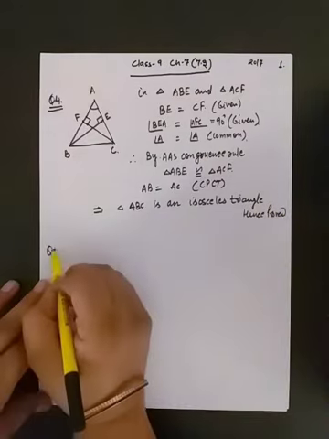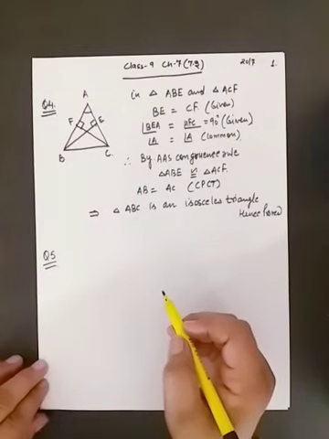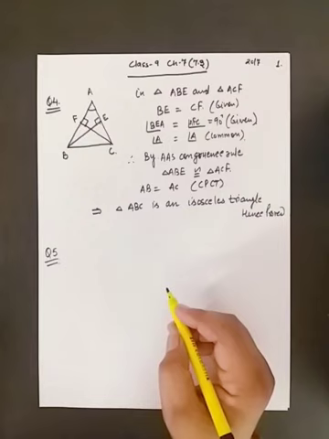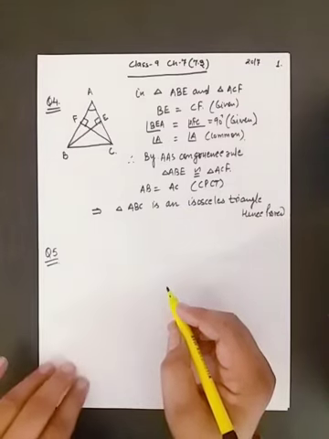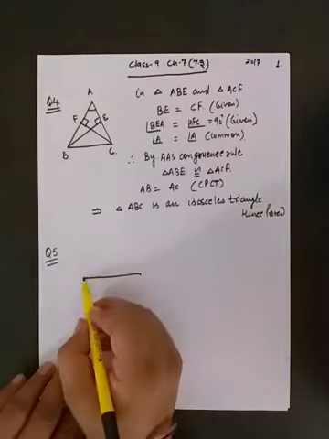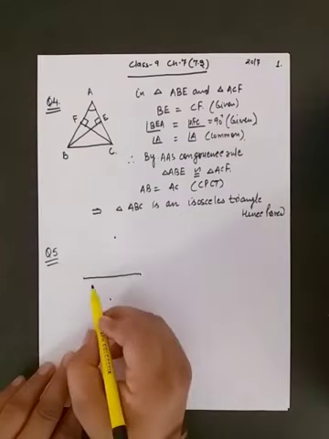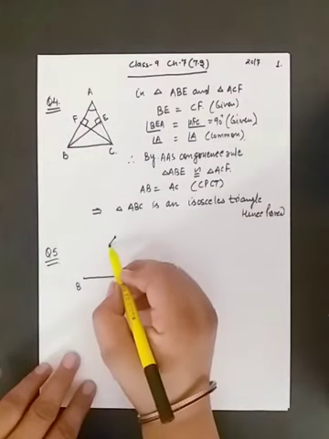Next question. Question number 5. The figure is given. See the figure. Triangle ABC and triangle DBC are two isosceles triangles on the same base. We have to draw two isosceles triangles on same base. Here I am taking same base BC.